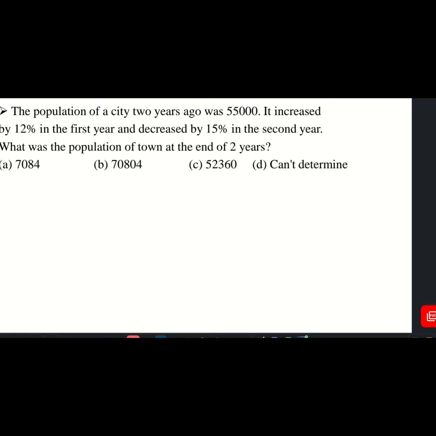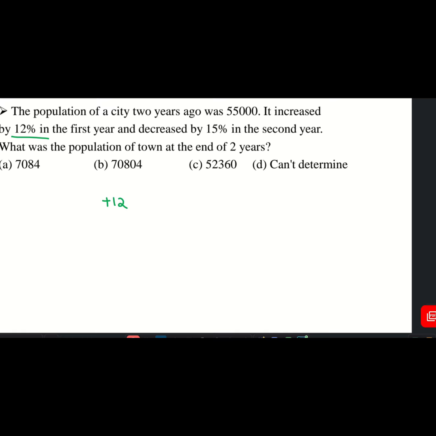The population of a city 2 years ago was 55,000. Initially, it increased by 12 percentage in the first year and decreased by 15 percentage in the second year. What was the population of the town at the end of 2 years? We can find this out within 30 seconds. What is the method? Again, the same plus A plus B concept. Initially, the increase is plus 12.